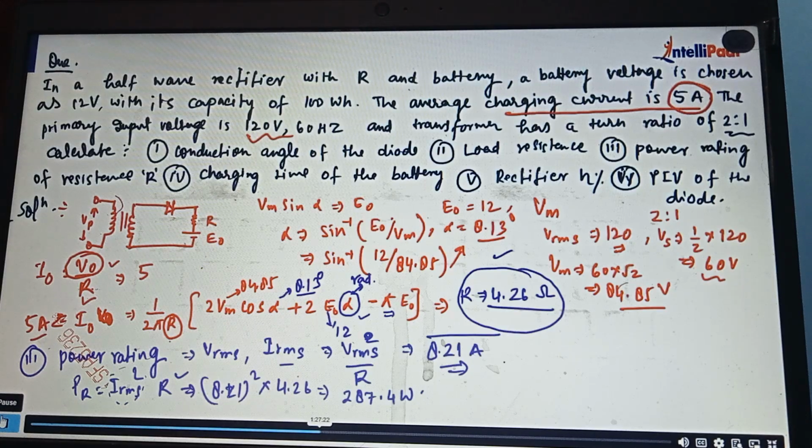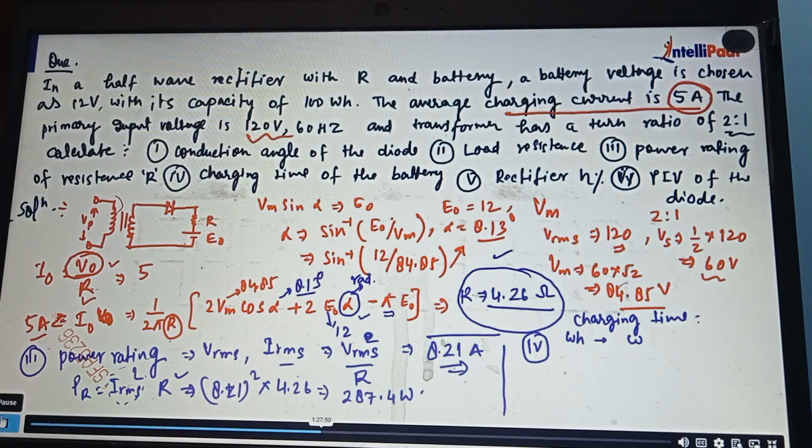Now the charging time. This is really important. Charging time. Anyone who can tell me how much time it will take to fully charge? So watt hour we have, correct? What do you mean by watt hour?